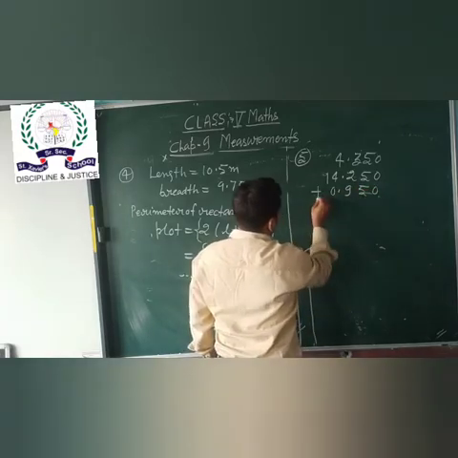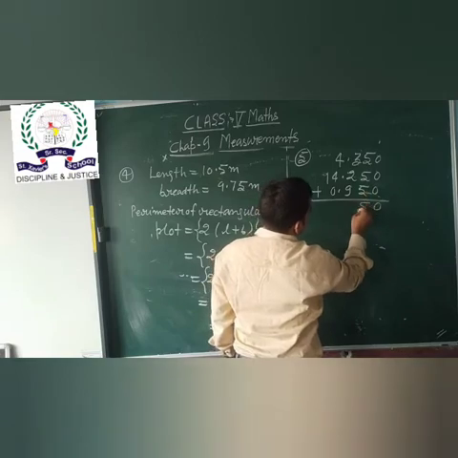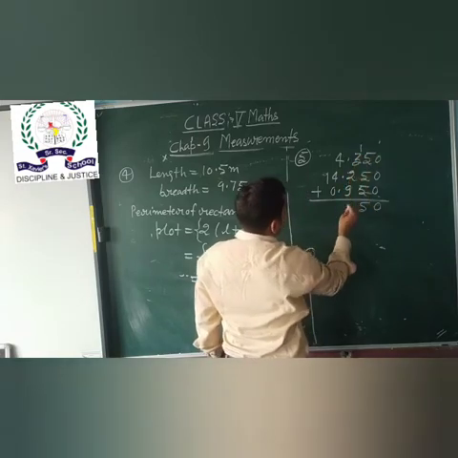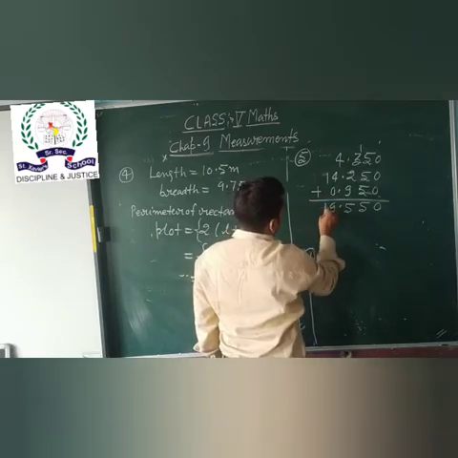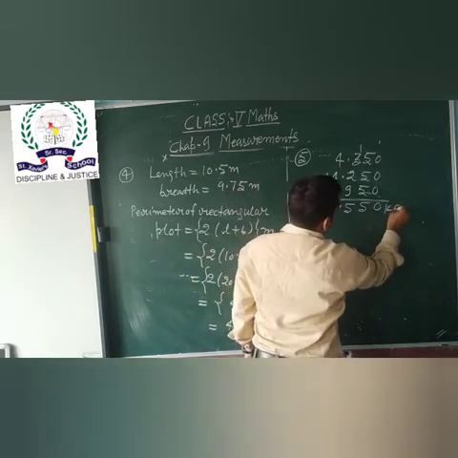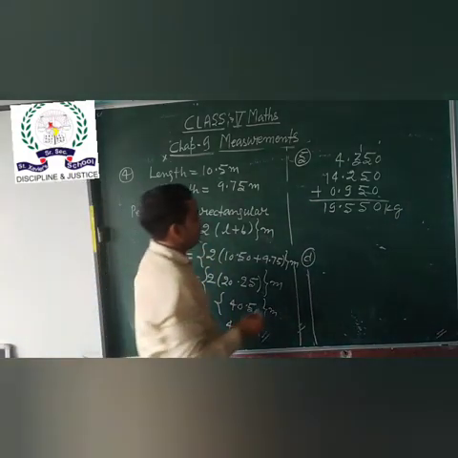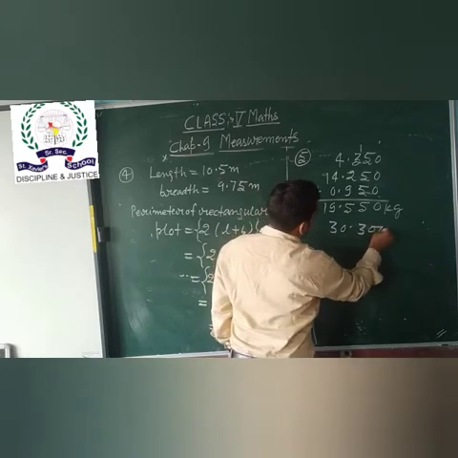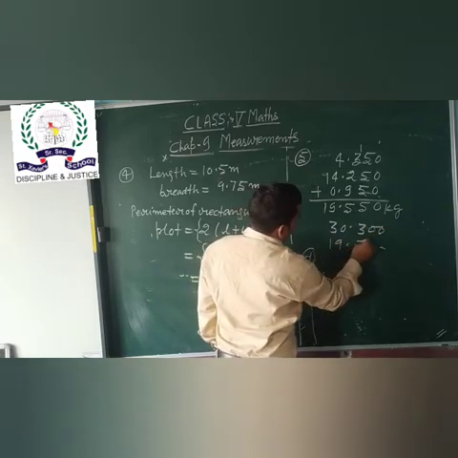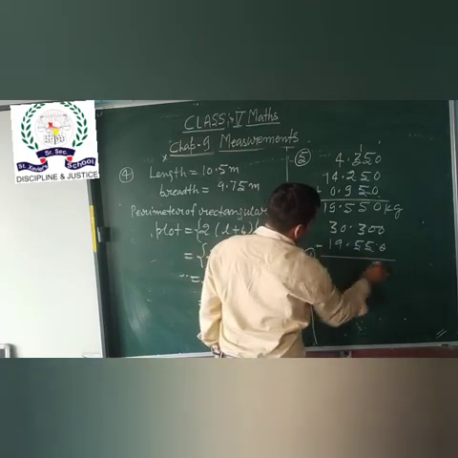And add. So we have 0, 5 plus 3 plus... 15, 3, 1, 4, 2, 6 plus 9, 15, 4, 4, 8, 1, 9, 19.550 kilogram. Then subtract from 30 kilogram 300 gram. 19.550. Then subtract.